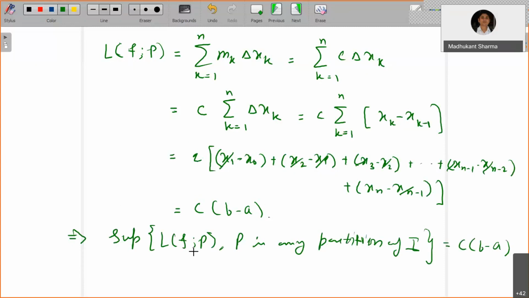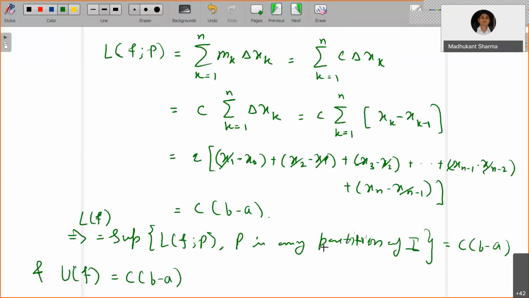For any partition you take, it is still c times b minus a. The supremum is still c times b minus a, and that is L of f. And U of f is the infimum, which is going to be c times b minus a.